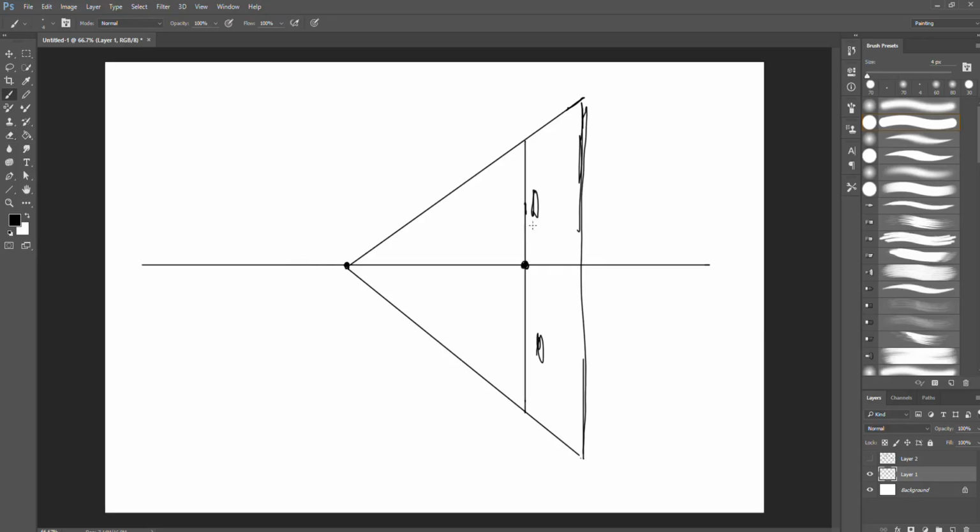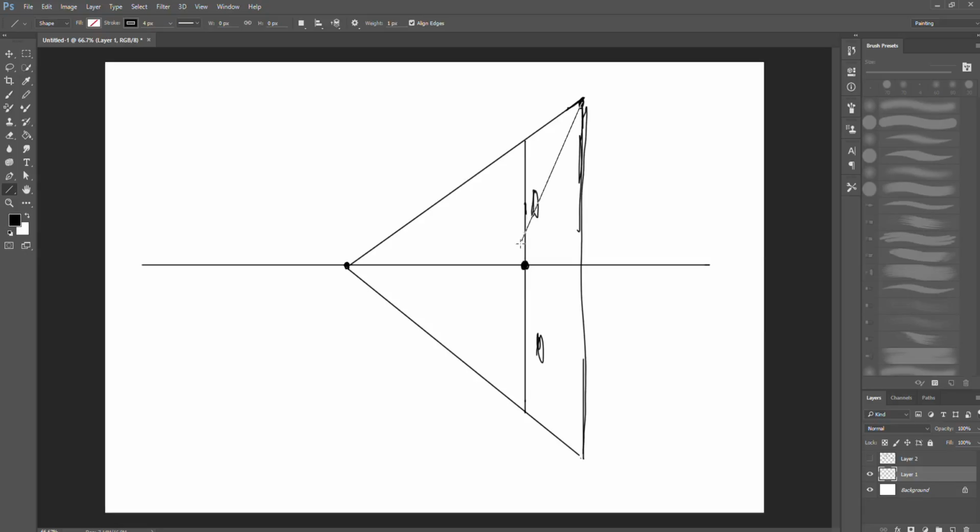So if I have two vertical lines and my middle, what I can do is draw a line from the top of my first object through the middle of my second object until that touches the horizon.